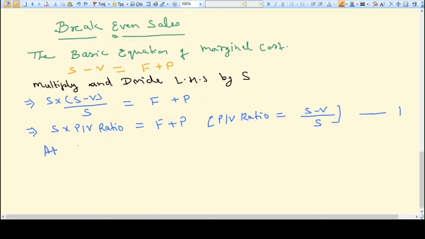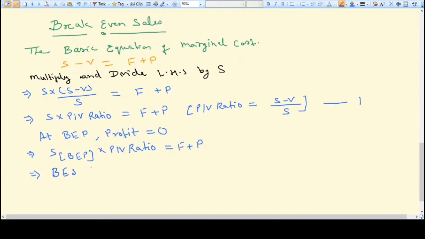Now at the break even point, we all know that the cost is equal to sales. So there is no profit and no loss at the break even point. So we can say that at break even point, profit is 0. Putting the value of profit as 0 in this equation, we get break even sale into PV ratio is equal to fixed cost.